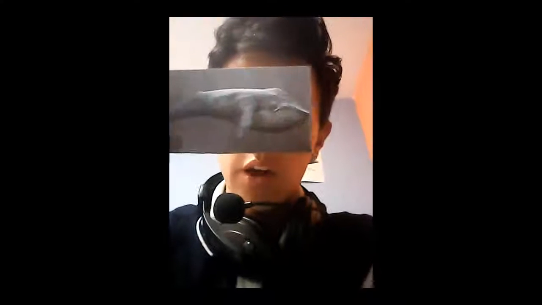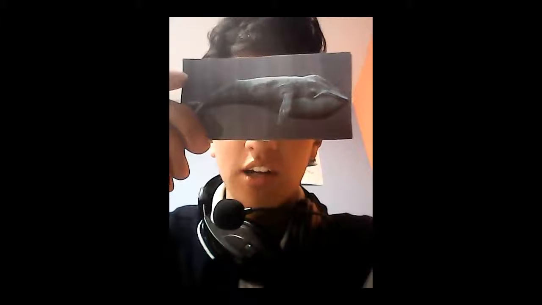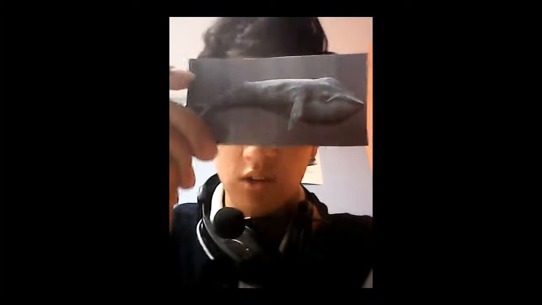The superlative is the characteristic at the maximum level. So we have some examples, like the blue whale is the largest animal in the world.